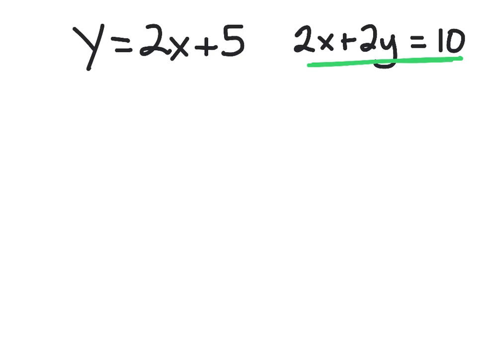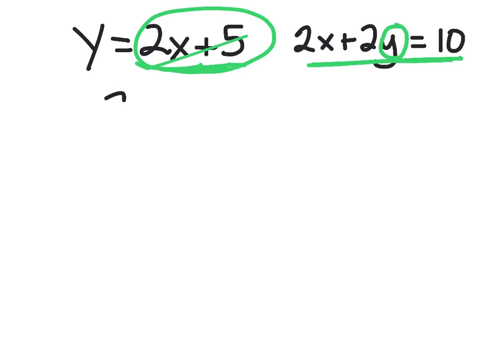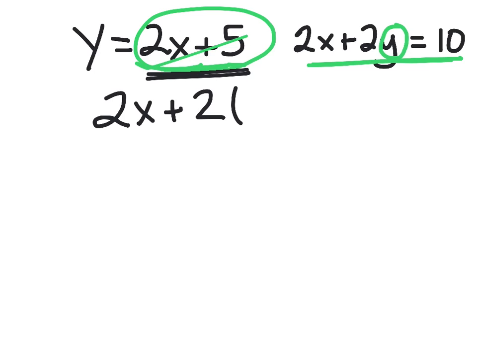We know what y is in one of them. And so we're going to take that information and replace the y in the other equation with that. So here we have the second equation, 2x plus 2y.